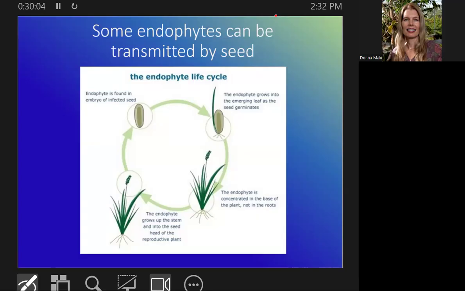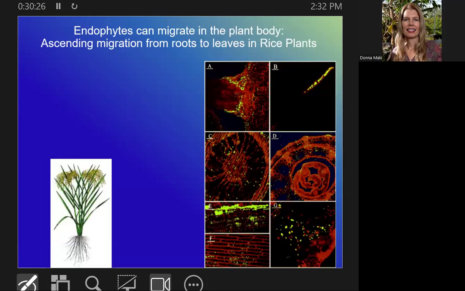Now it starts to bring up the question, maybe the microbes on the surface of the seed we should also be careful about and not necessarily surface sterilize your seeds before you plant. And then there's, of course, the endophytes in the seed. So personally, I don't surface sterilize most of the time, with the idea that those are probably important. This is one of the published studies showing visually the migration of microbes.